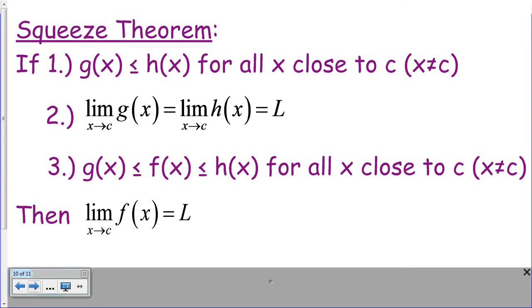Okay? That's the whole idea of using squeeze theorem. Use it for a function that is too difficult to work with on its own for finding a limit, and instead work with two other functions, g and h, that are much easier to work with. Okay? And that's what this little note here says.